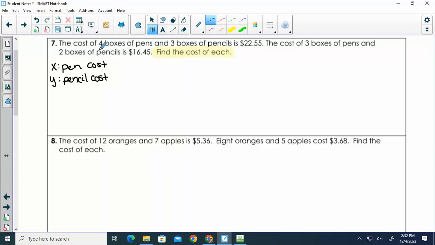So now, the cost of 4 boxes of pens. How would I show that? 4x. And so plus 3 boxes of pencils, 3y equals $22.55. Do you guys remember doing equations like this at the beginning when we did linear equations?